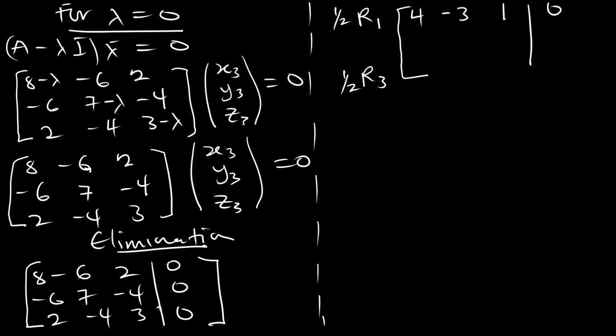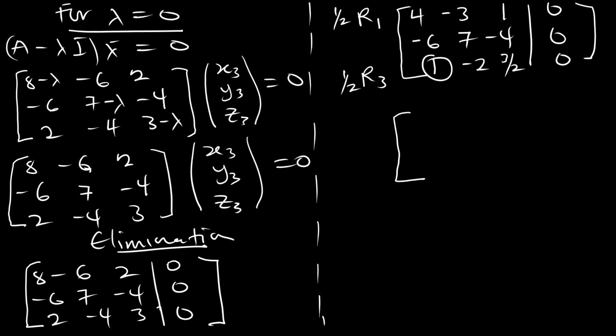Row 2, that is going to be negative 6, 7, negative 4, 0. And row 3, that is going to give me 1, negative 2, 3 on 2, 0. So now I have 1 here. You know what to do? I'll swap row 1 and row 3.